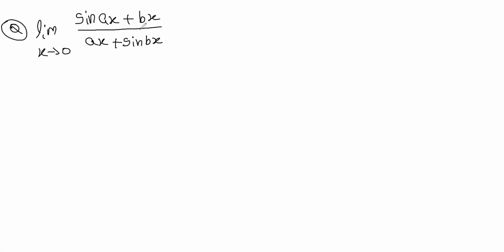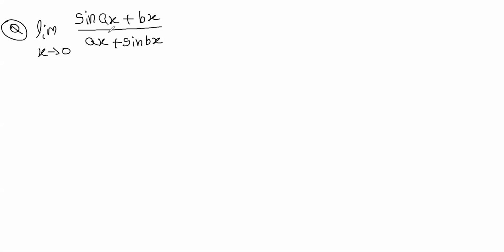So we need to remove the sine from the denominator, right? If you can't remove it, just multiply, because when you simplify it, if they are in numerator and denominator, automatically they will cancel each other. Just multiply, because we need ax on the top, bx on the bottom.